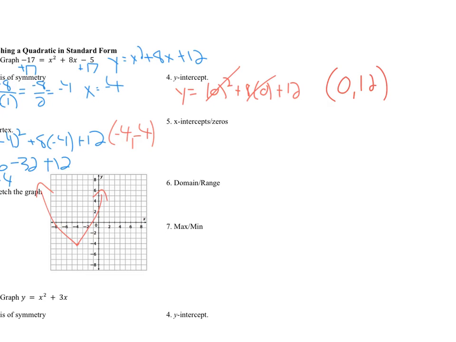And then so for our x-intercepts, we do our table. And we get negative 4, negative 4 for our vertex. And we pick points on either side, so we'll go negative 5 and negative 3. Substitute those in.